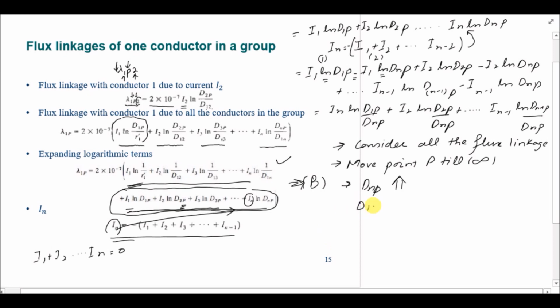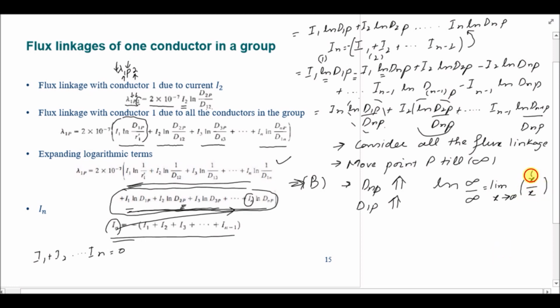Similarly, d1p will also become very large. So all these logarithmic terms will become ln of infinity over infinity. Now we have to solve this ln of infinity over infinity.